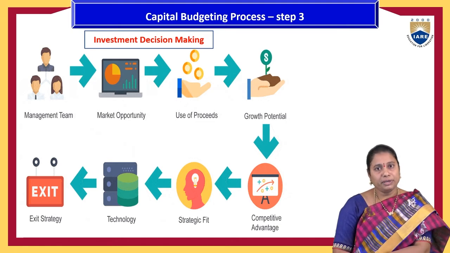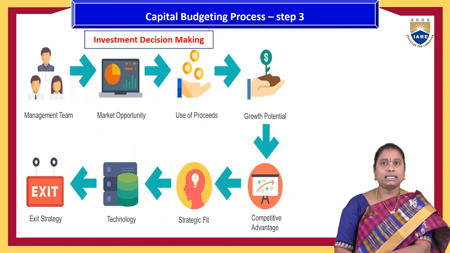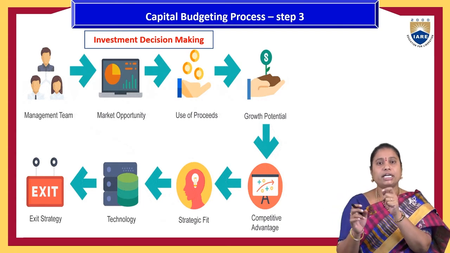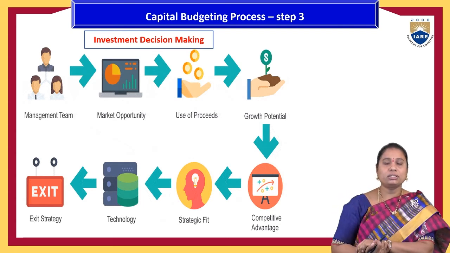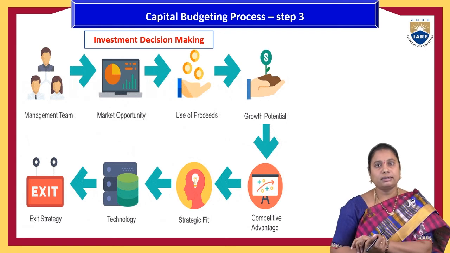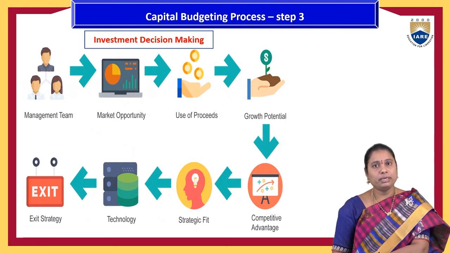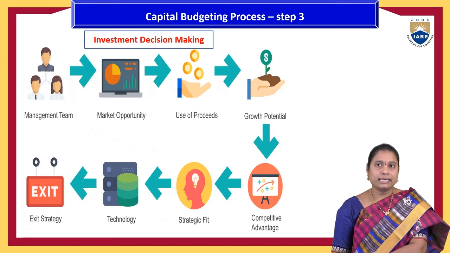The third step is, once they have taken various proposals and evaluated them, choosing the best among these evaluated ones is the key factor. That is the investment decision. That investment decision should be taken by the management team based on market opportunities and use of the proceeds. If they invest, what is their use?